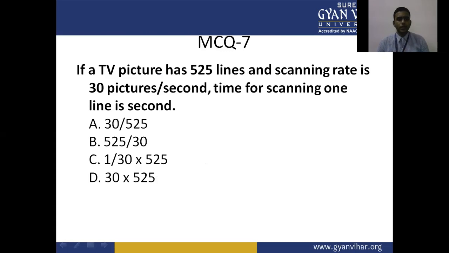Next question: if a TV picture has a total of 525 lines and the scanning rate is 30 frames per second, the time for scanning one line is how many seconds? A, 30 upon 525; B, 525 upon 30; C, 1 upon 30 into 525; D, 30 into 525.